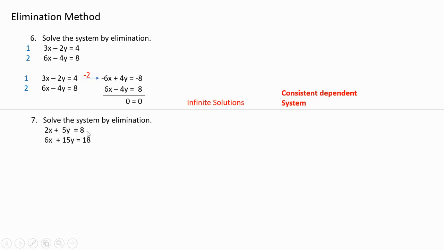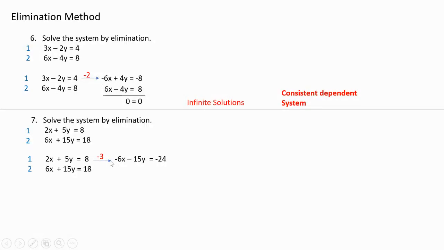Now, this is an example of the last one where there was no solution. Remember it was like A equals B, because A does not equal B, and it was like 3 equals 4, which is not true. That way it's going to be no solution. Again, I multiply the first row by negative 3.